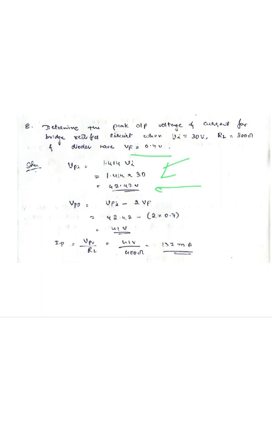VPO is equal to VPI minus 2 VF, where VF is 0.7. So VPO is 41 volts. IP is equal to VPO by RL. Substitute the value of VPO and RL, you will get the IP value.